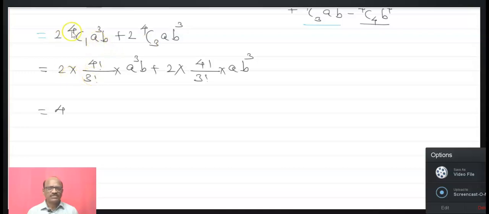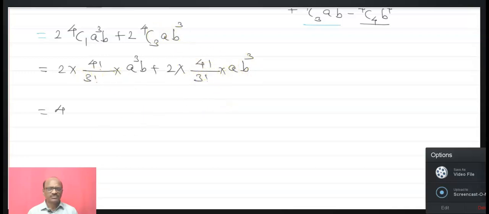And now what is the value of 4C1? That is 4 factorial upon 4 minus 1, that is 3 factorial into 1 factorial, times a cube b. 2 times 4C3 is 4 factorial upon 3 factorial, times a b raised to 3. The values are the same for these two combinations.